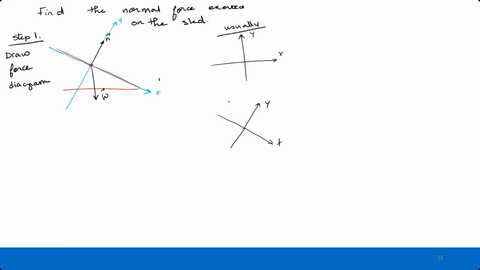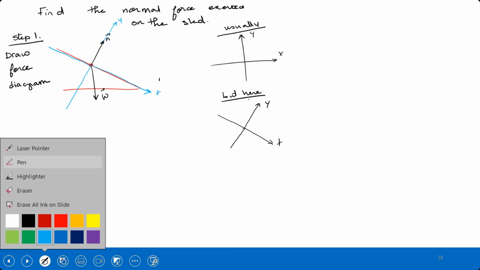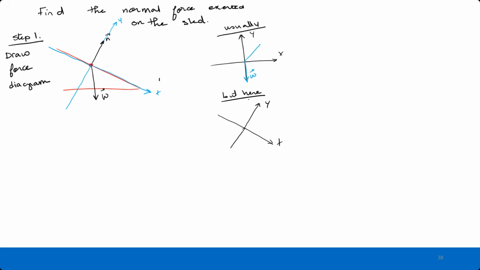This is the usual approach, but here I use a different approach. Why? I want you to see how the forces will look if I take the x-axis to look like this. I'll have the weight force here and the normal here, and the acceleration of the boy to be in this direction because the boy is accelerating down the incline. This is a very annoying choice because you'll have x and y components for your acceleration.